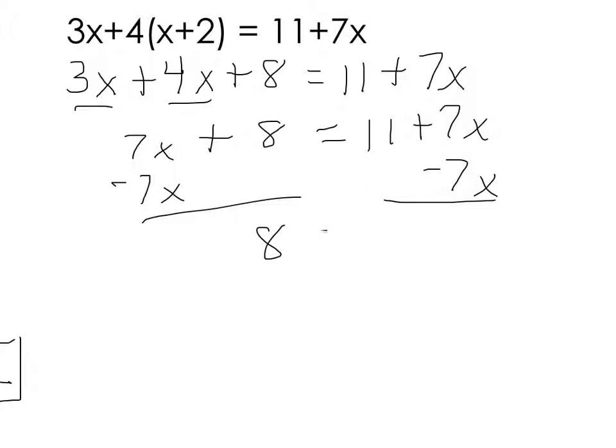You get 8 equals 11. Well, how can that be? That's not true. That's never true. We took correct steps to get to this point. So when we get something that is never true, and our x's are gone, we have to say there is no solution.